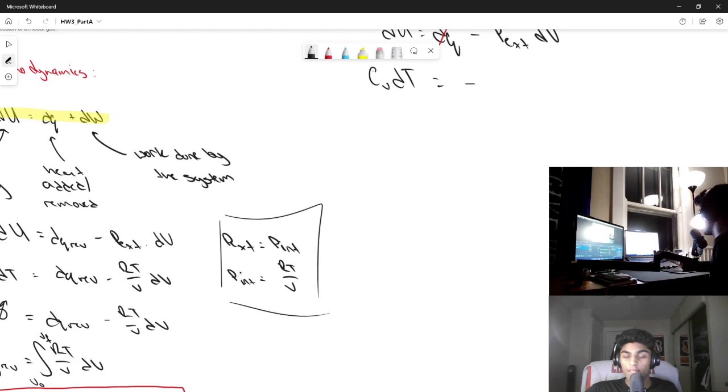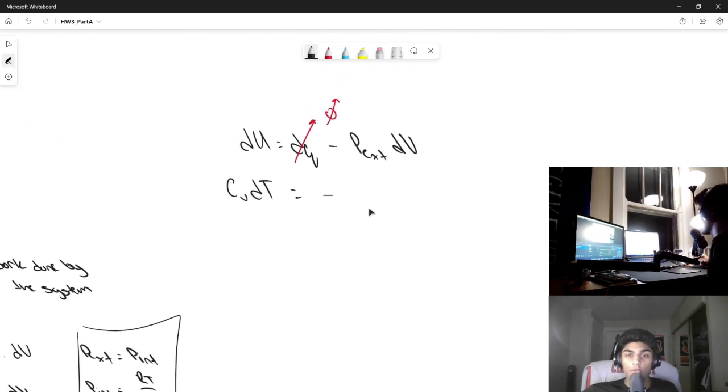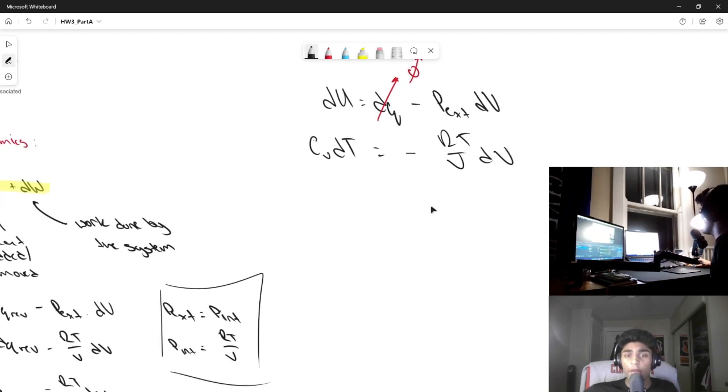Thus, we could use the ideal gas law and the internal pressure to assume 1 mole of gas. So we have RT over V. So we're just going to simplify this the same way, where we have RT over V dV. And what we have here now is a separable differential equation. So what we want to do, let's go ahead and get T over to this side.